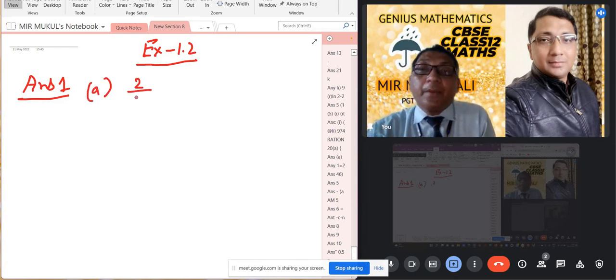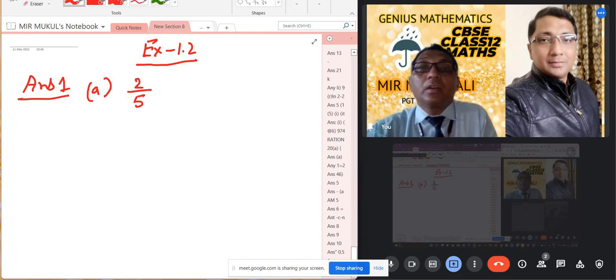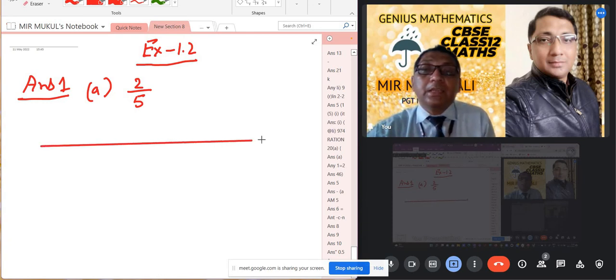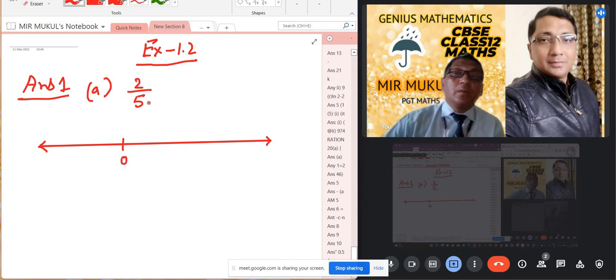So 2 by 5 on a number line I'll draw. Draw a number line with the help of a scale, and put arrows on both sides because it is a line. Here 0. What is the denominator?